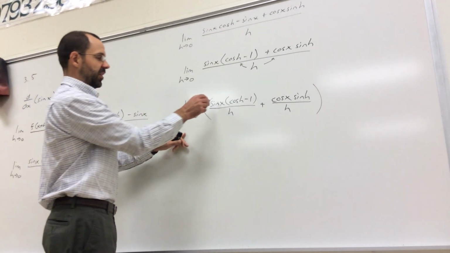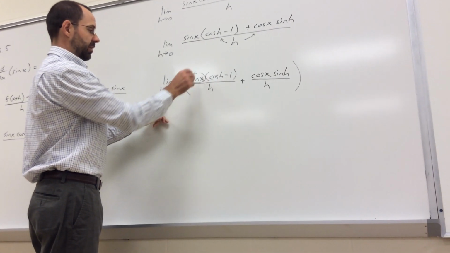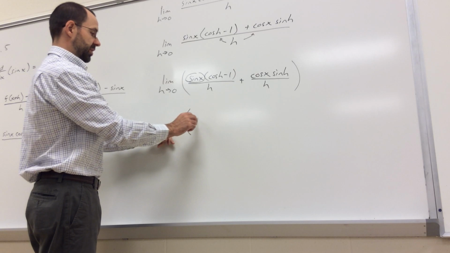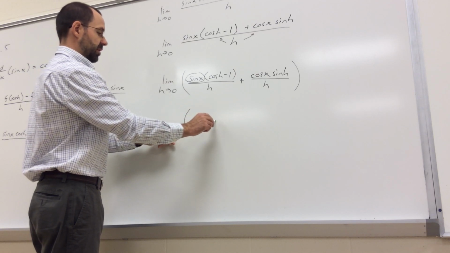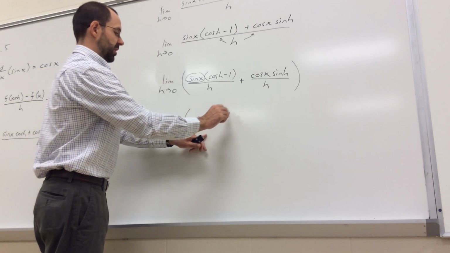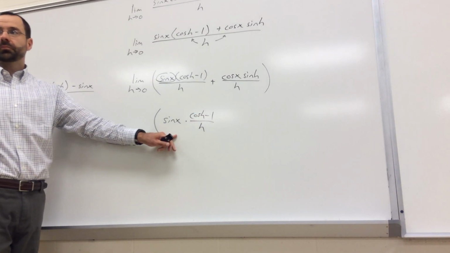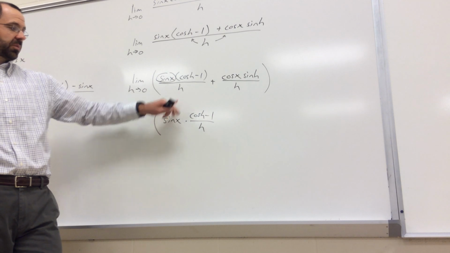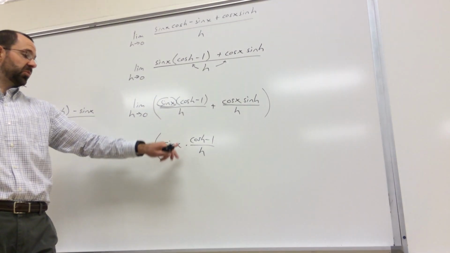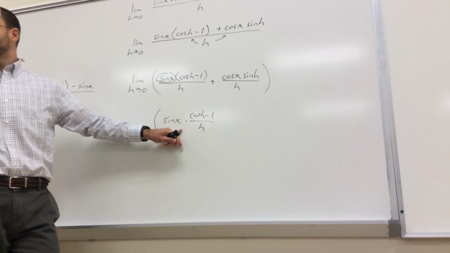Okay, now this sine of x, I want to pull off to the side. So that's going to be the sine of x times cosine of h minus 1 over h. So I'm taking that fraction and splitting it into two things.